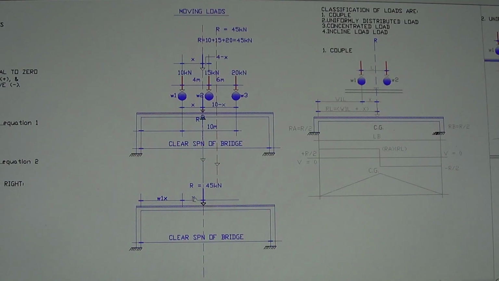So you need that x to pinpoint the actual location of the resultant force on the bridge based on the distance of wheel 1. These moving loads can move around, depending on how you position them.